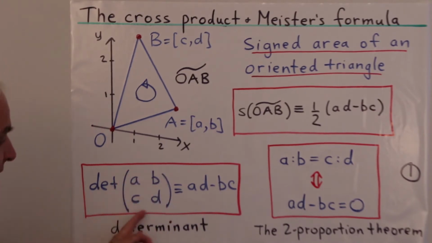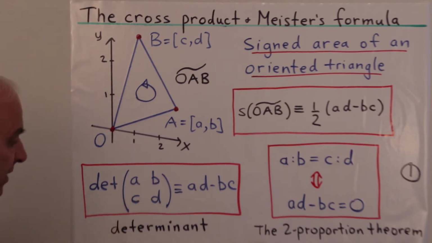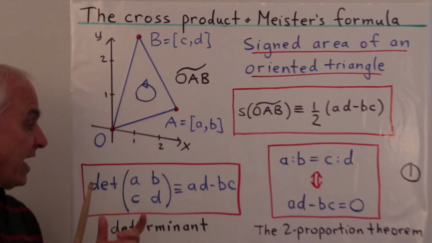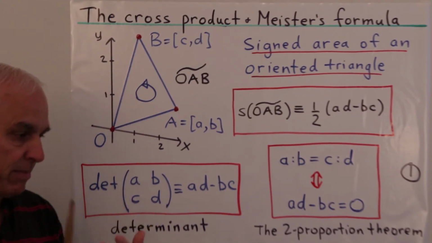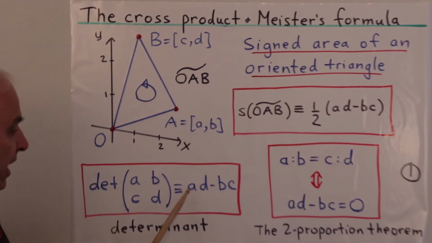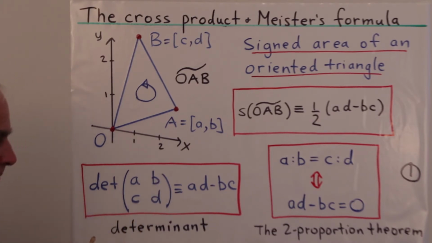So here's a 2x2 array of numbers, a matrix, A, B, C, D, and this is an important concept from linear algebra, and such a matrix has associated to it a single number which somehow captures some essential properties of it, called the determinant, and that determinant is A times D minus B times C.